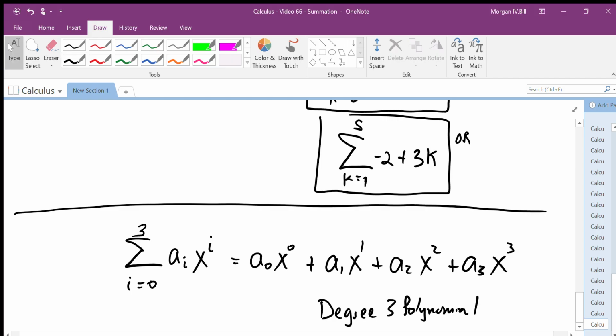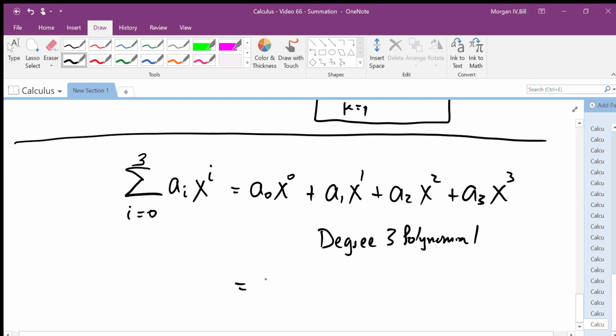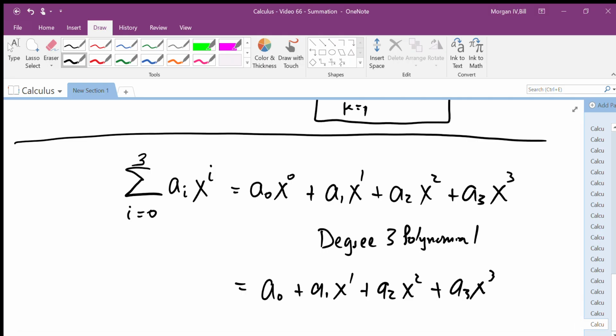x to the 0 is just 1, so maybe we rewrite this as a sub 0 plus a sub 1 x to the 1 plus a sub 2 x to the 2 plus a sub 3 x to the 3, where a naught, a1, a2, a3 are the coefficients of the x terms.